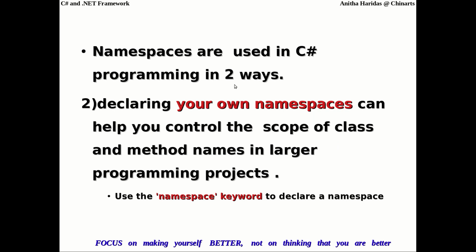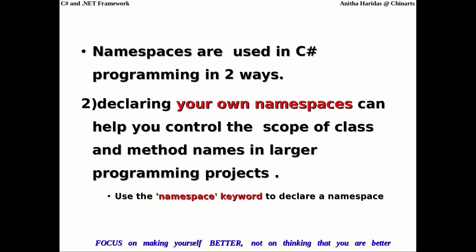The second way of using namespaces is that you can declare your own namespaces, which can help you control the scope of class and method names in larger programming projects. When you have a very large program, all the related classes can be grouped together.